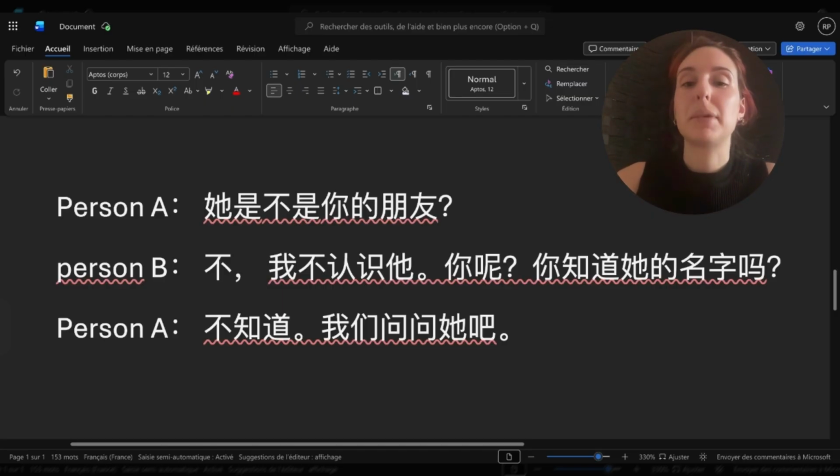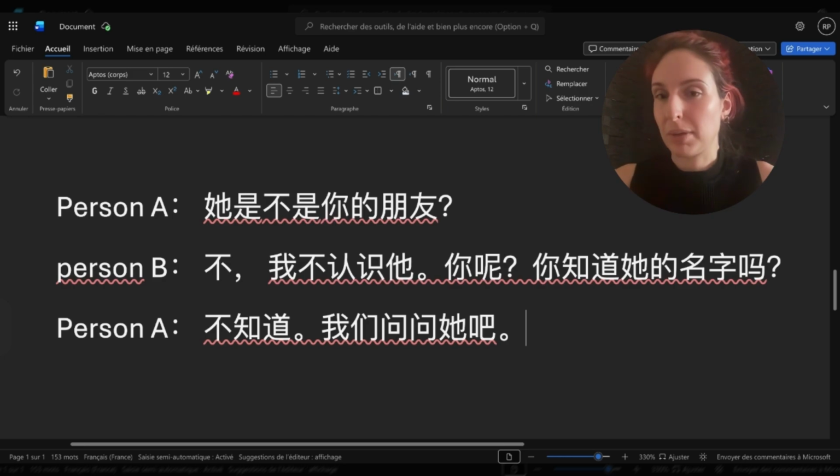Correct. 他们不知道。What part reveals that they don't know what their name is? Correct. So person A asks, 他是不是你的朋友? Isn't she your friend? Or is that person your friend?